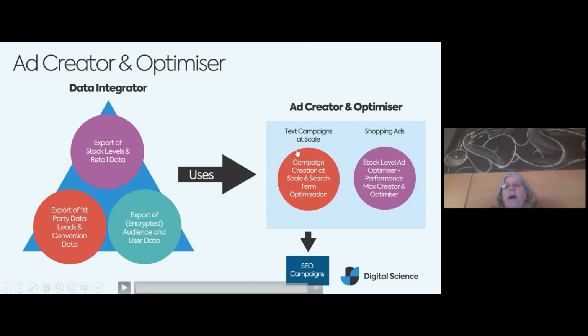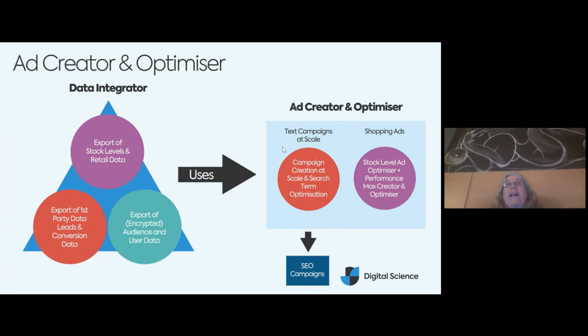Now, you only want to be doing this if you're spending literally tens of thousands a month, because it's not a cheap product, as it's quite time consuming and has a lot of IP associated with it. If you are spending a lot of money every month and you needed to create these massive campaigns, as you can imagine, you could literally take months to create them all manually.